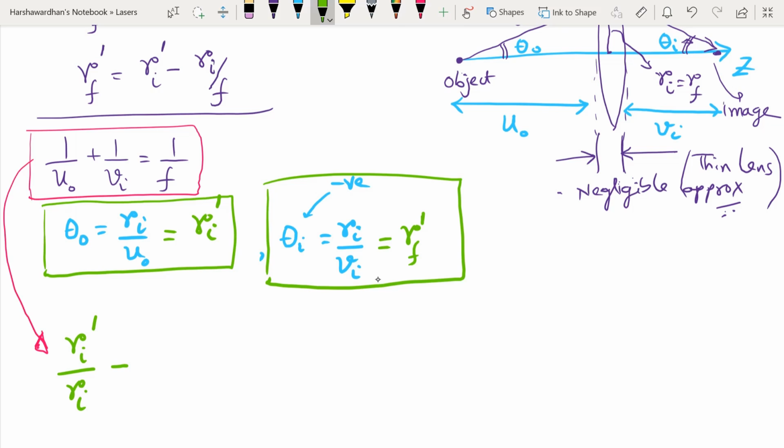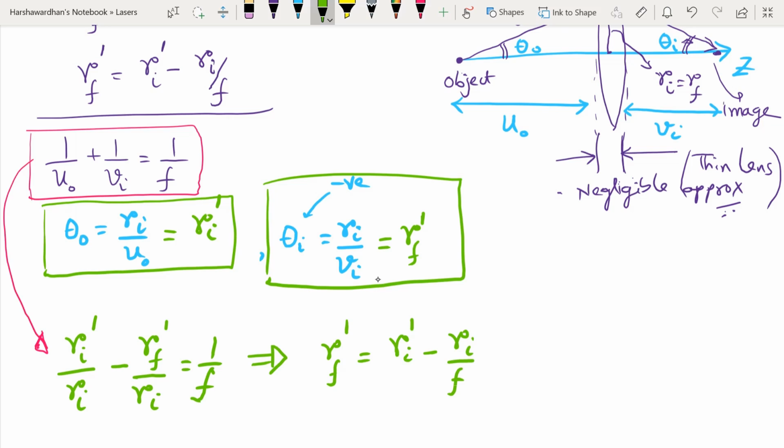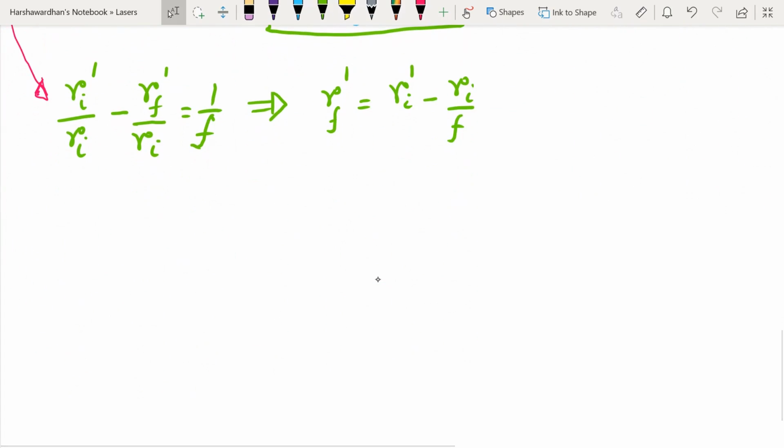So this is my minus Rf prime by Ri, which is equal to 1 over F. This essentially gives you our second equation, which is that Rf prime equals to, right? So this is how we get this second equation, and this allows us to now write down the ABCD matrix associated with the lens.